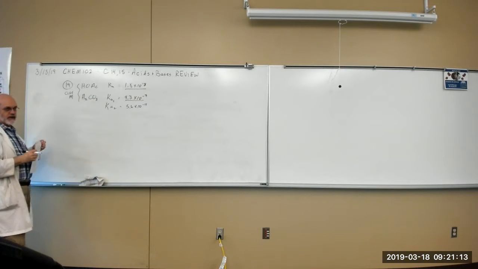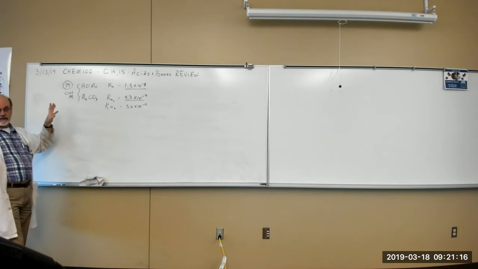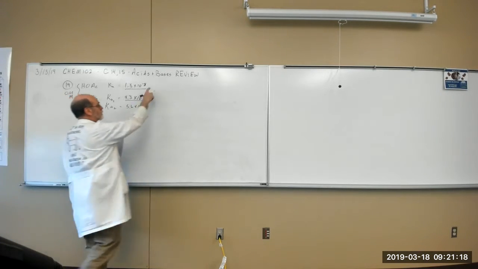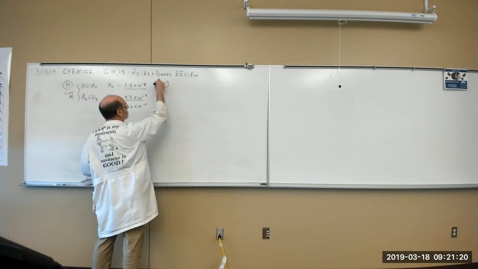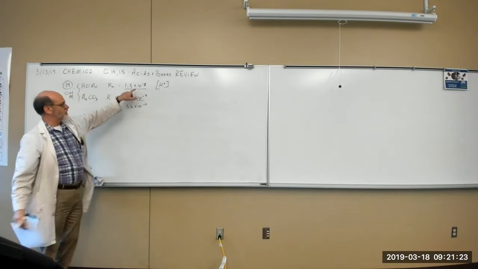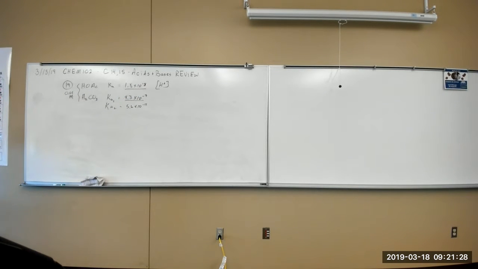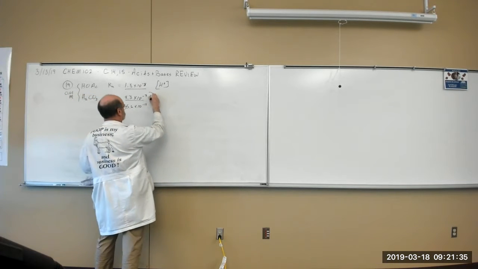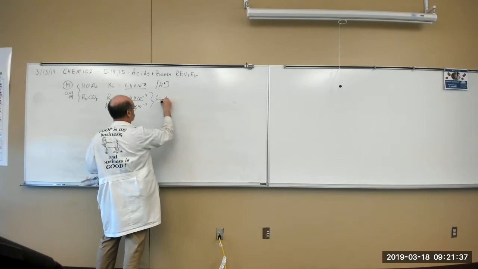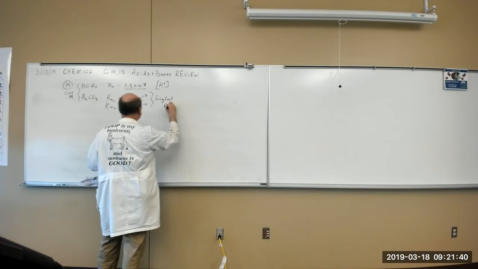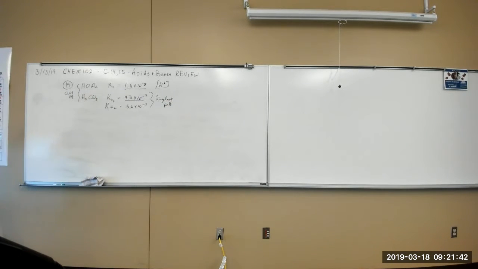Since they're the same concentration, the one that dissociates the most will produce more hydrogen ions, because that Ka value is larger. So the acetic acid solution will be a lower pH, excuse me. So carbonic acid will be the highest pH, meaning it's more basic. It's acidic, but it leans toward the basic, more so than acetic acid.